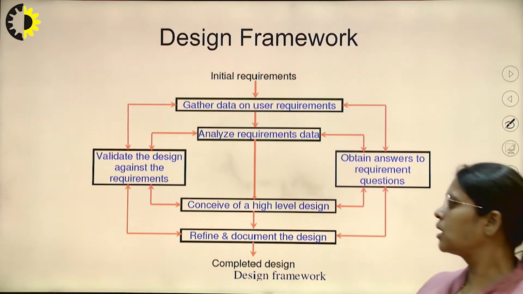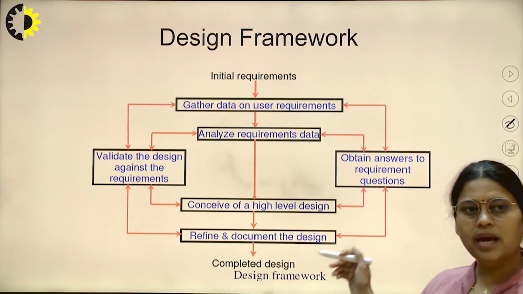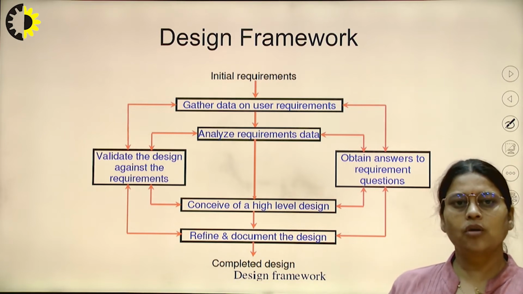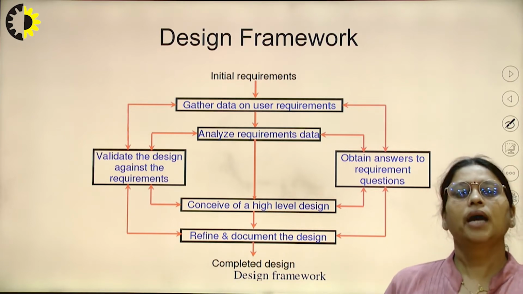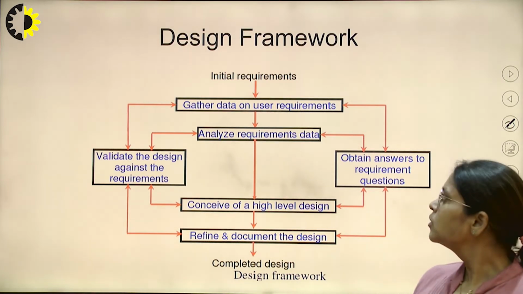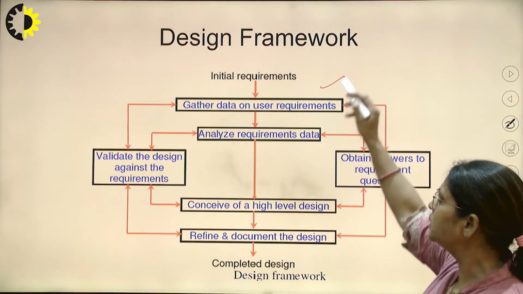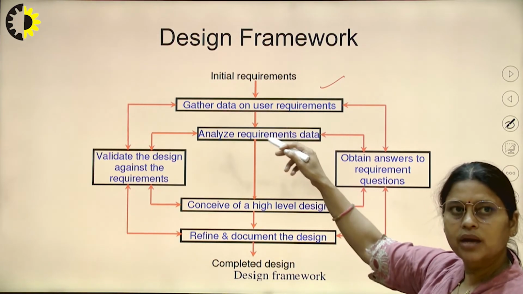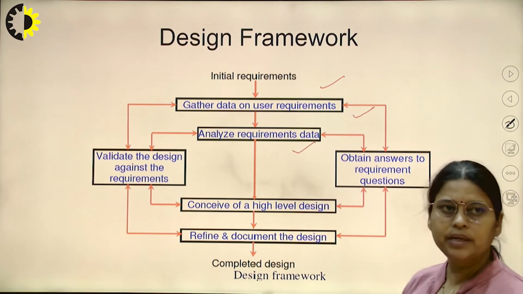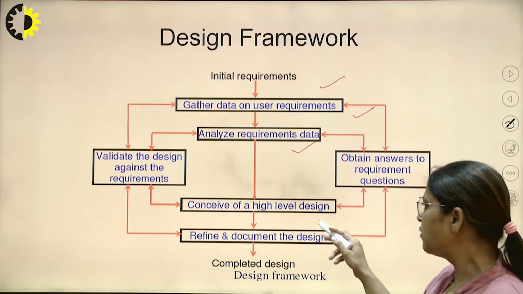So this is a complete design framework showing how we take the information requirements from the analysis phase and how the design has to be worked out. These are the initial requirements, and we have to gather all this data, analyze all these requirements, and then conceive a high level design.